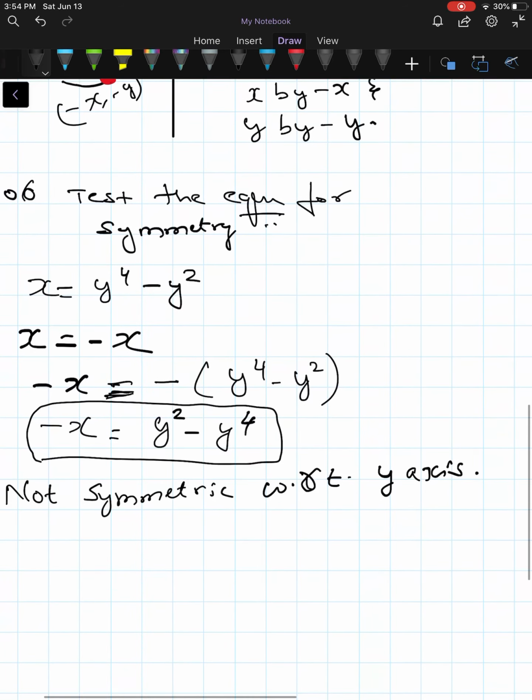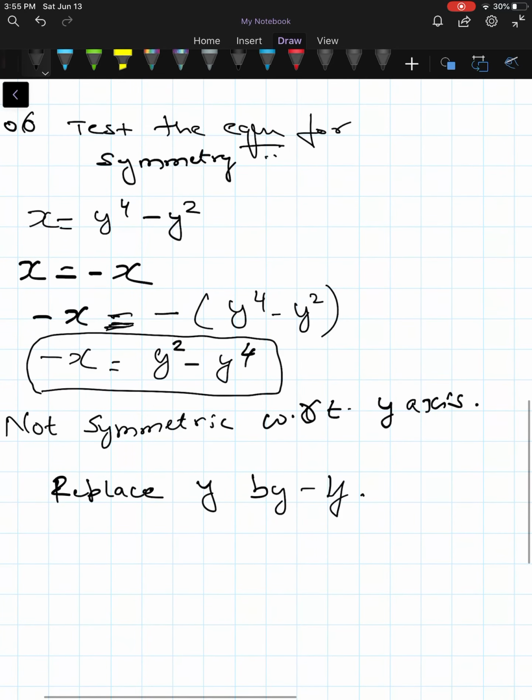So let's do the other test, that is, check whether it is symmetric with respect to the x-axis or not. Once it is not symmetric with respect to the y-axis, the third type is ruled out, that is, the given equation being symmetric with respect to the origin is ruled out. So we just have one more option, that is to check whether it is symmetric with respect to the x-axis or not. For that, replace y by negative y.